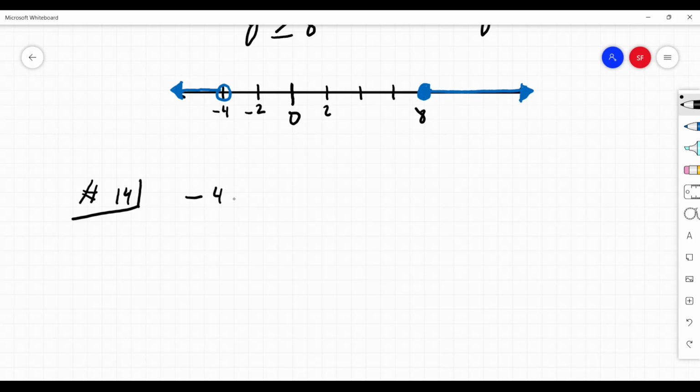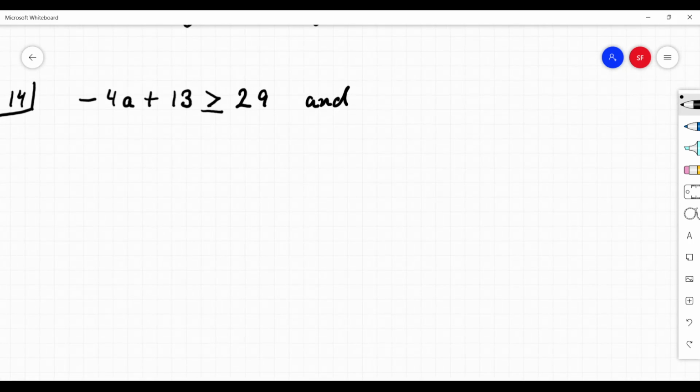Negative 4a plus 13 is greater than or equal to 29, and 10 is less than 6a minus 14.